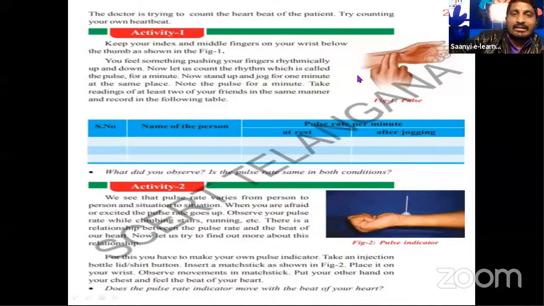Here I am ready with these resources. I brought this button and toothpick to show you, so that you can come up with a button and a toothpick in the next class. This is not a spoiled or wasted material. Today itself you can collect this shirt button and a toothpick.